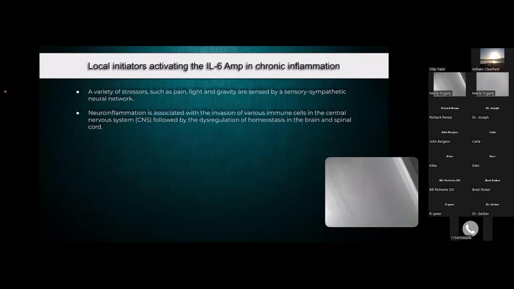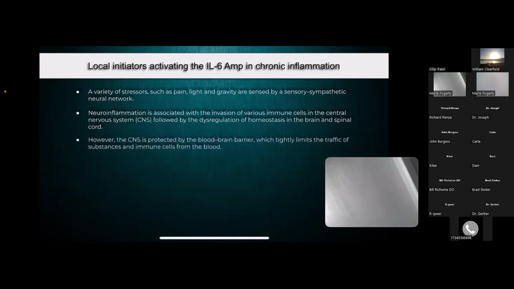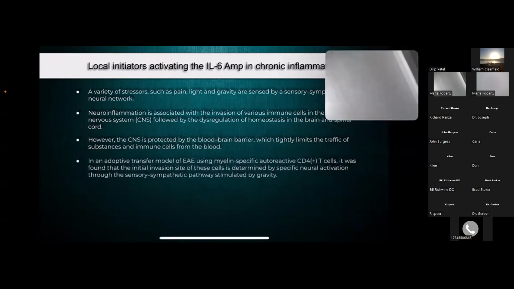Imagine neuroinflammation causes the polarization towards sympathetic, and that can affect the spinal cord. However, the CNS is protected by the blood-brain barrier, which tightly limits the traffic of substances and immune cells from the blood. Yes, but if you have amplification, the blood-brain barrier starts being activated and the adhesion molecules broken down, which is allowing bad things to get in.